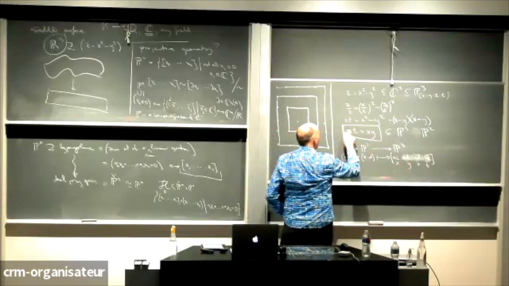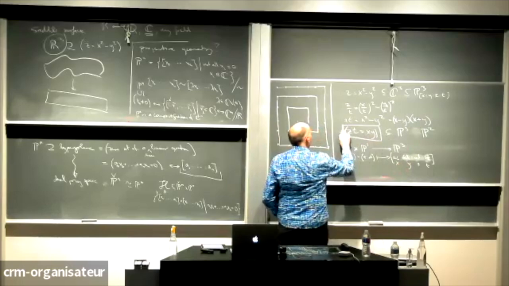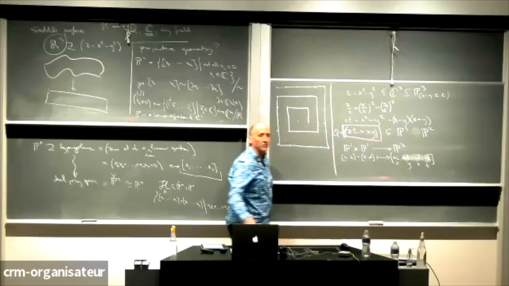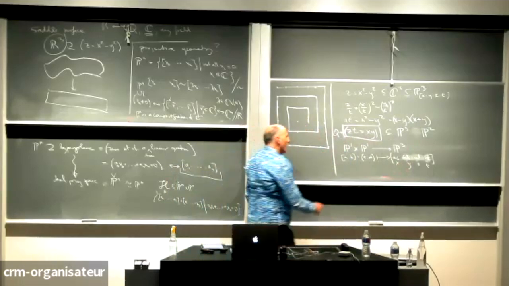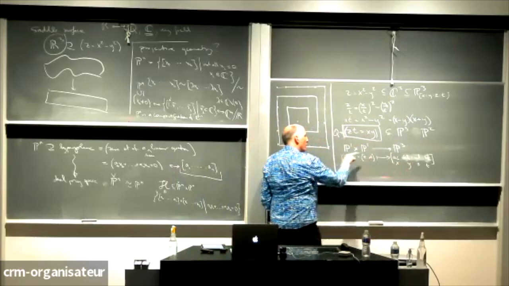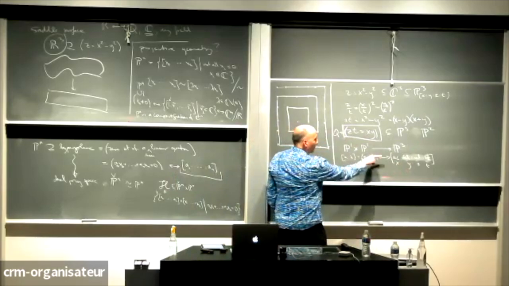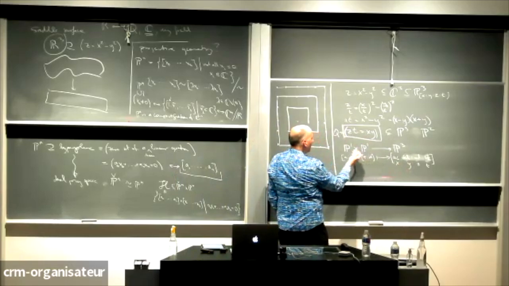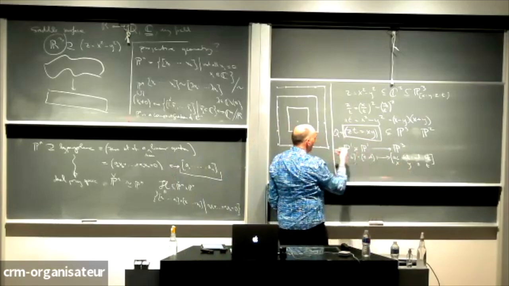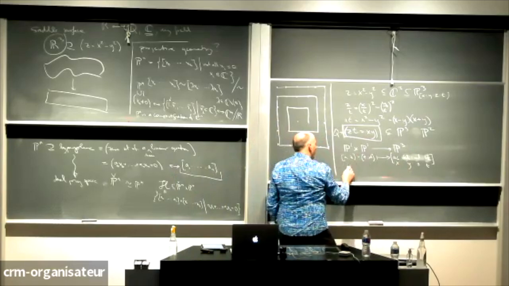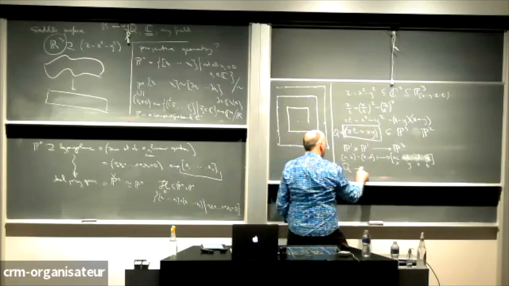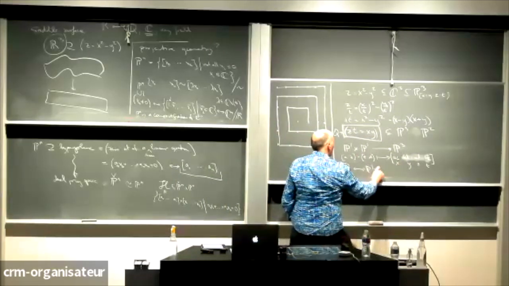So let's call the surface there Q for quadric. And with a little bit of computation, you can prove that this map is 1-to-1. So essentially, we're identifying Q with P1 cross P1.